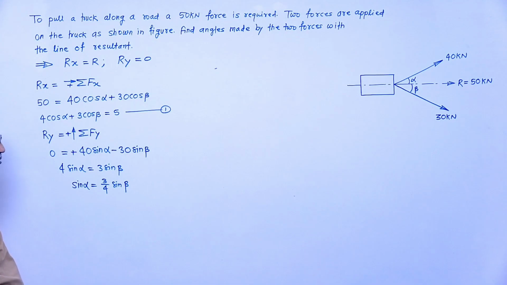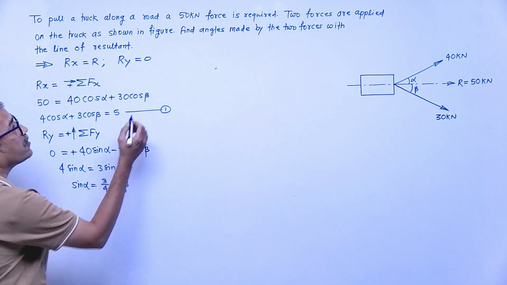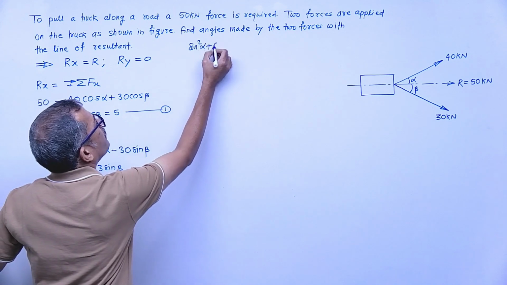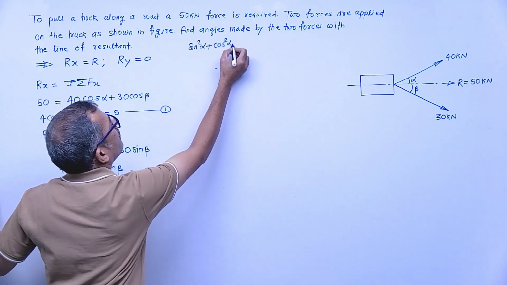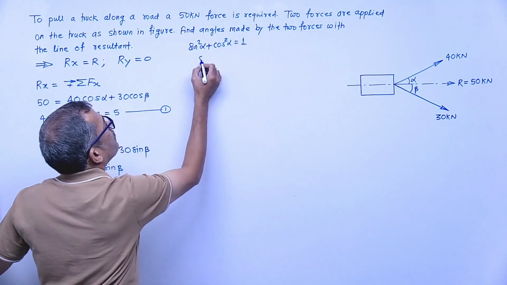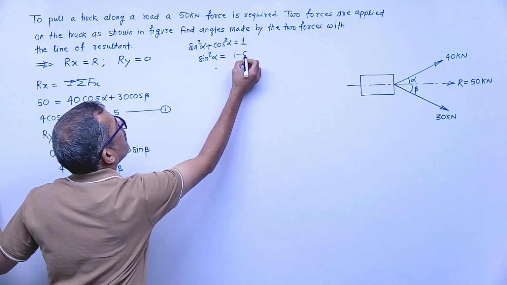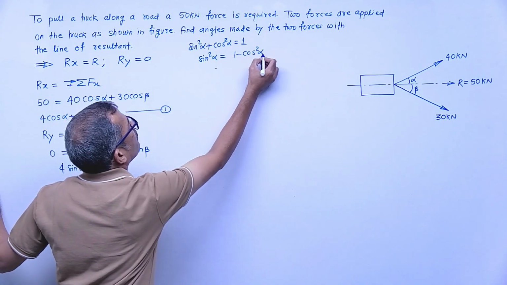Sin alpha is 3 by 4 sin beta. Sin square theta plus cos square theta is what? 1. Means sin square alpha plus cos square alpha is 1. Means sin square alpha becomes 1 minus cos square alpha.